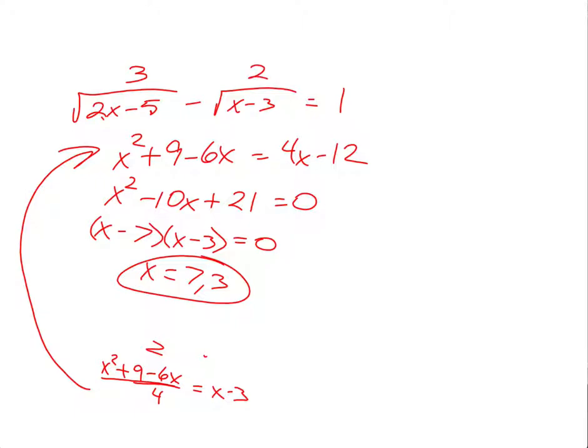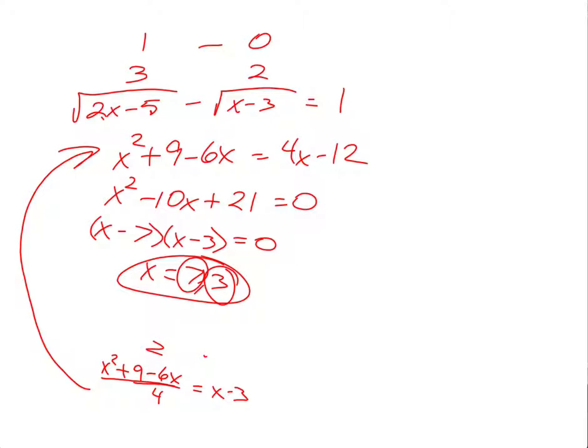Does 3 minus 2 give me 1? Yes, so we definitely like 7. Let's try 3. 3 times 2, 6, 6 minus 5, 1, square root of 1 is 1. 3 minus 3, 0, square root of 0, 0. 1 minus 0, 1. So we also like 3.